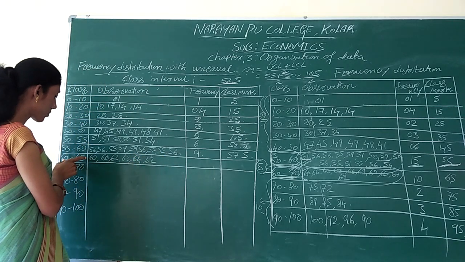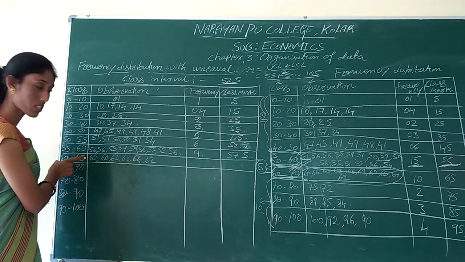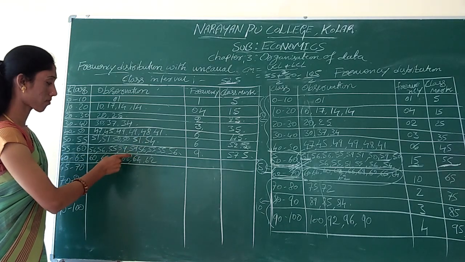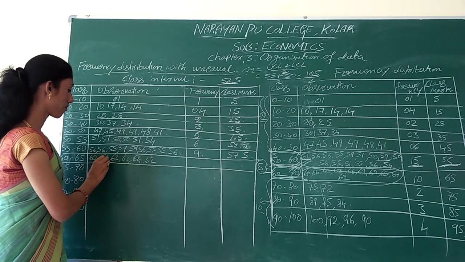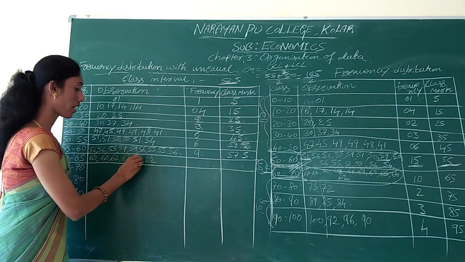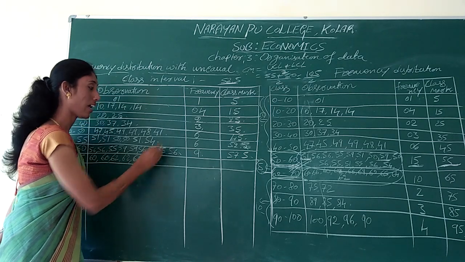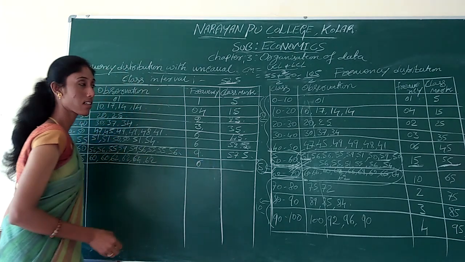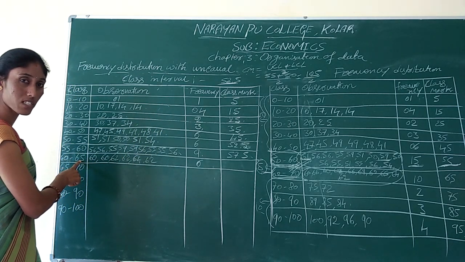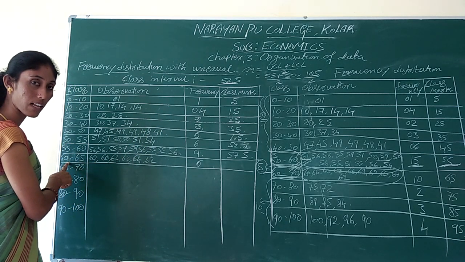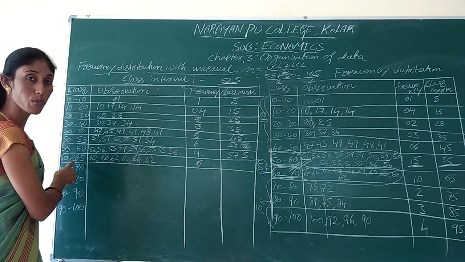Now the values which come between 60 to 65, we have written here, and there are 1, 2, 3, 4, 5, 6 observations, and the frequency is also 6. Then the class mark of this class, 60 to 65, is 62.5.